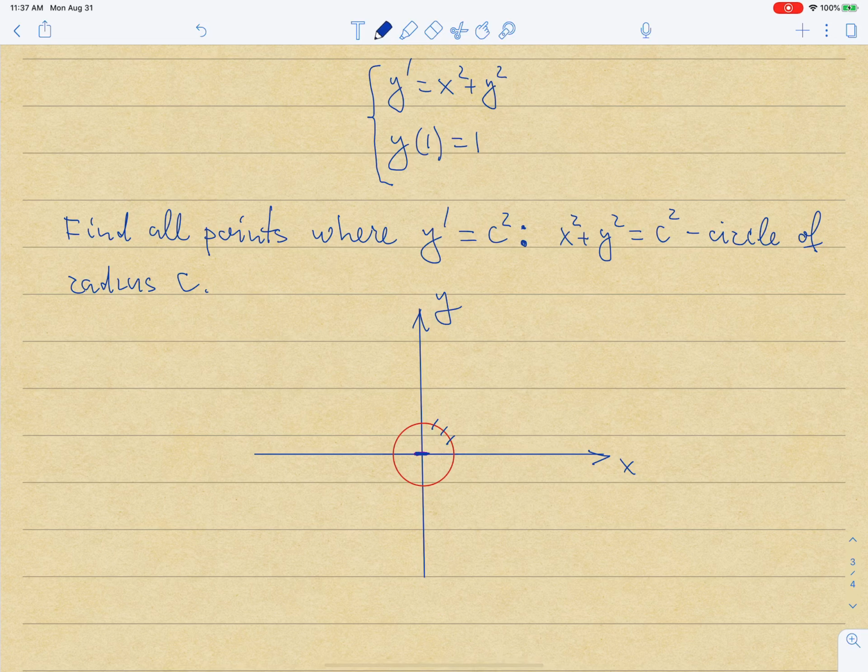So everywhere on a circle, the slope of curves that intersect the circle must be plus 1.